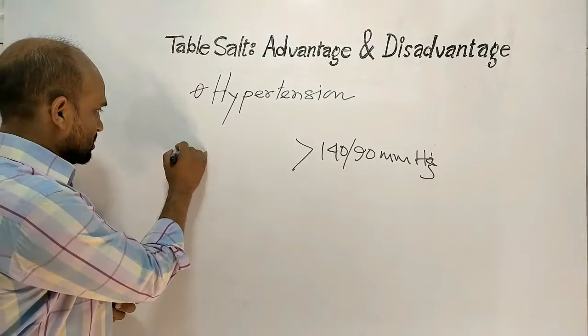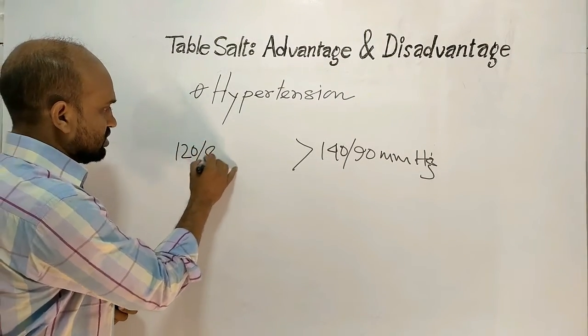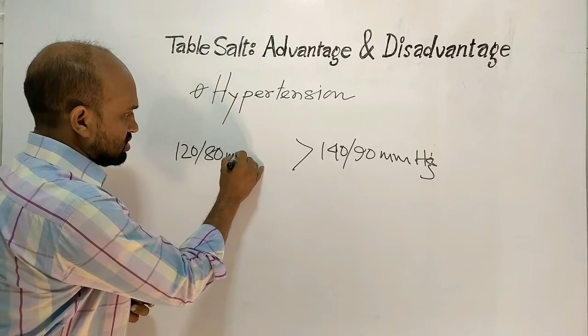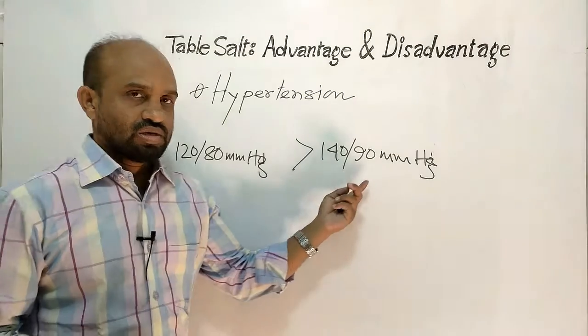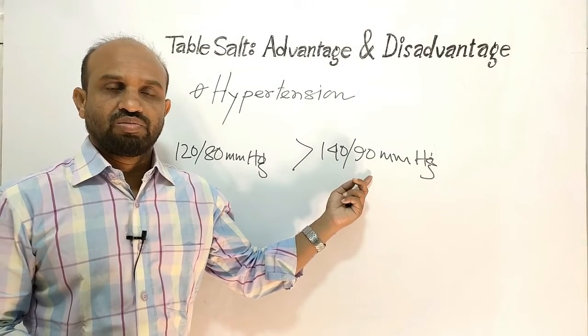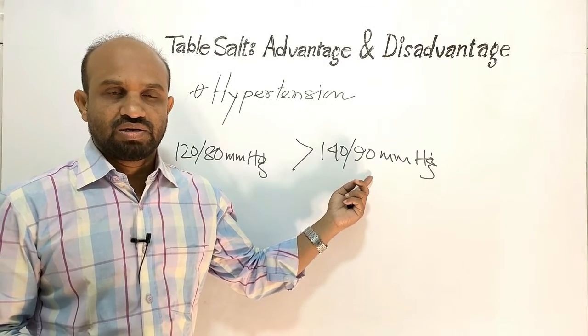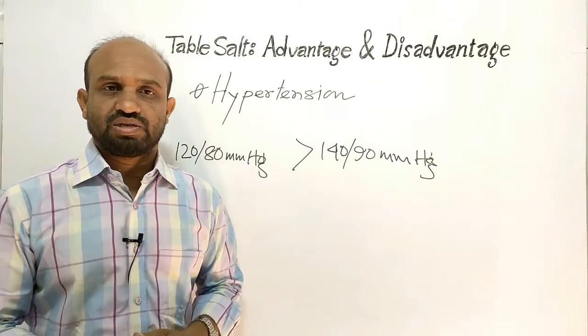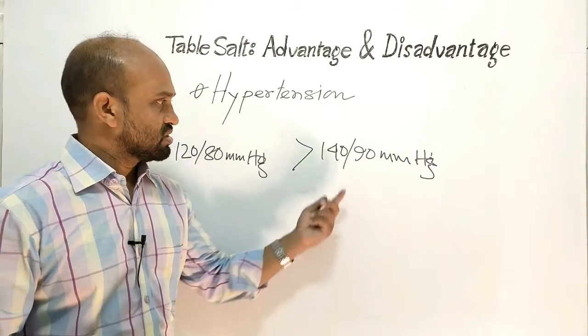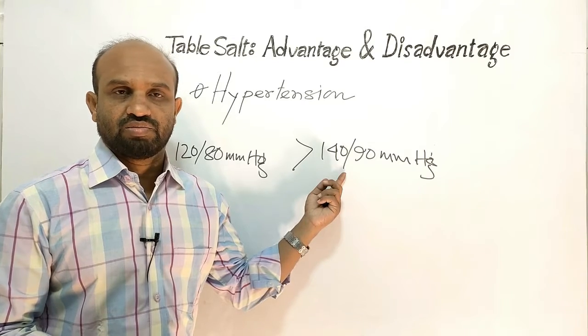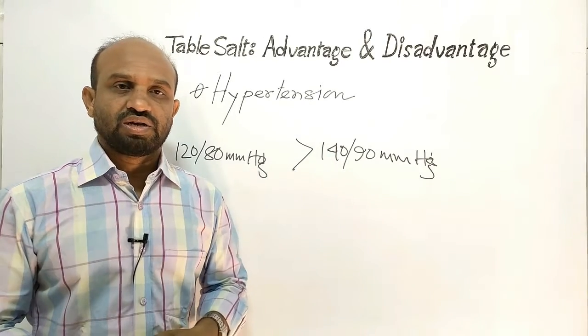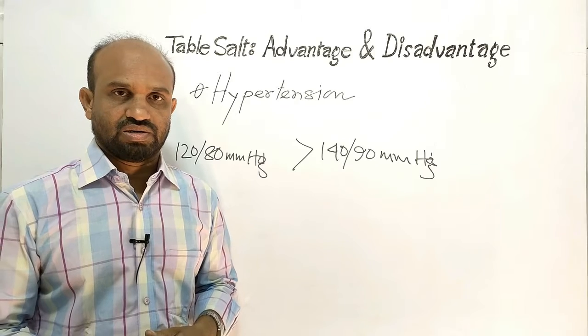Normal blood pressure is 120 by 80 millimeter mercury, but for the more amount of sodium chloride, this blood pressure is increased, and if it is more than 140 by 90 millimeter mercury, then this medical condition is called hypertension.